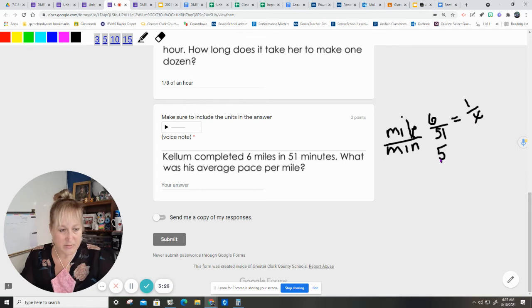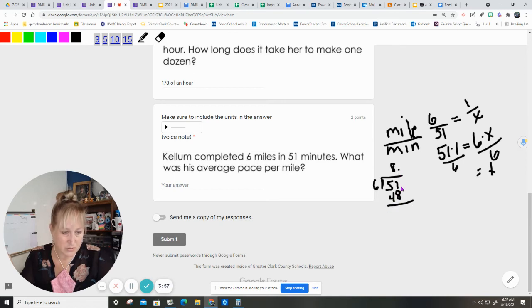Cross multiply, 51 times 1 equals 6 times x. I'm going to divide both sides by 6. x equals whatever 51 divided by 6 is. So that has to be 8 something. Let's see, 8 would be 48.